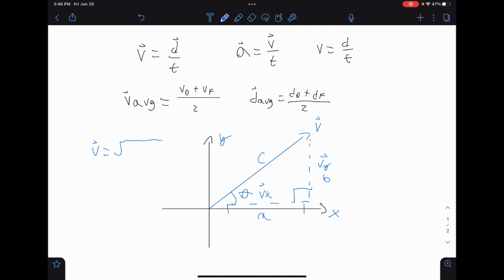So if we substitute the v in there for the c, and the vx and the vy for a and b, we solve for c here, and we find that the square root of vx squared plus vy squared is equal to our total velocity. And if we want to figure out what angle that velocity is at, because of course we need a direction, we need an angle, that's going to be the inverse tan of the y component of velocity divided by the x component of velocity. And that's all I want to cover in this introduction video.